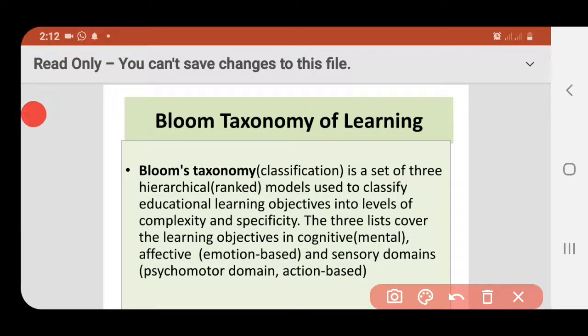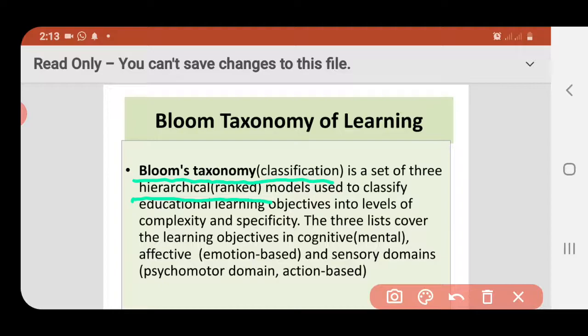Bloom's taxonomy or Bloom's classification is a set of three hierarchical models. What is the meaning of hierarchical? It means rank. So it is a hierarchical model used to classify educational learning objectives into levels of complexity and specificity.